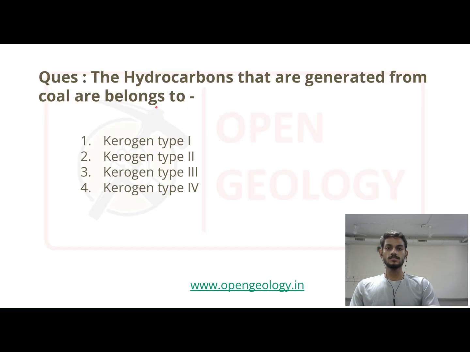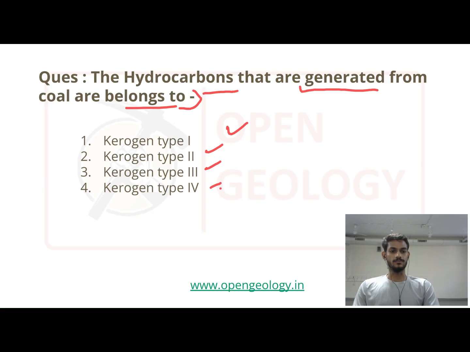Our first question is: the hydrocarbons generated from coal, what is their type? Is it kerogen type 1, type 2, type 3, or type 4? Kerogen type 1 mainly deals with the lacustrine environment. Kerogen type 2 depends on marine algae.